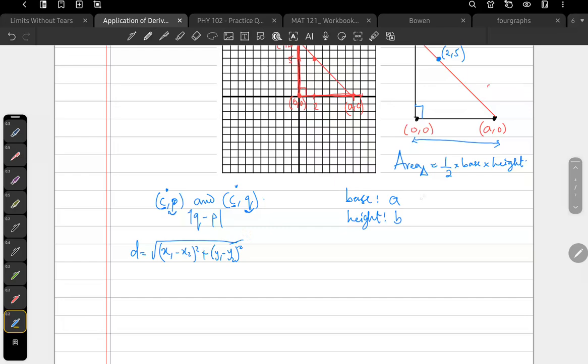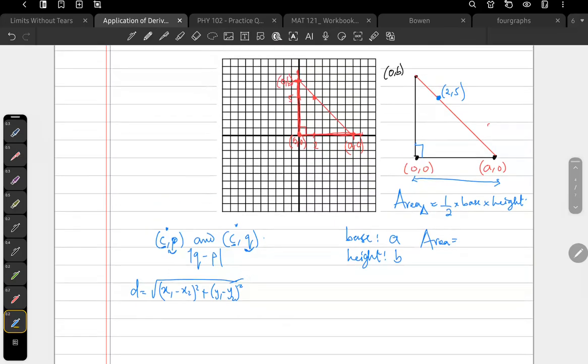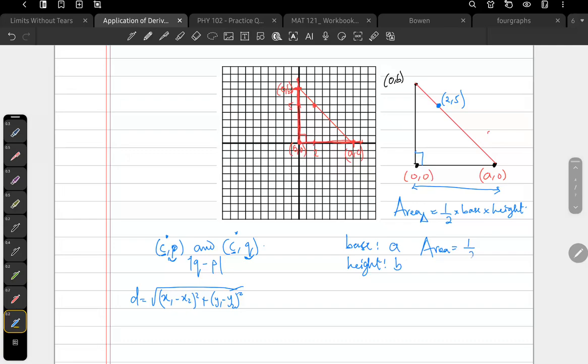So in this case, it means the area of this triangle which we want to minimize is half times a times b. So for the area, I'll make it f of a comma b, because we can see two variables here, half times a times b.